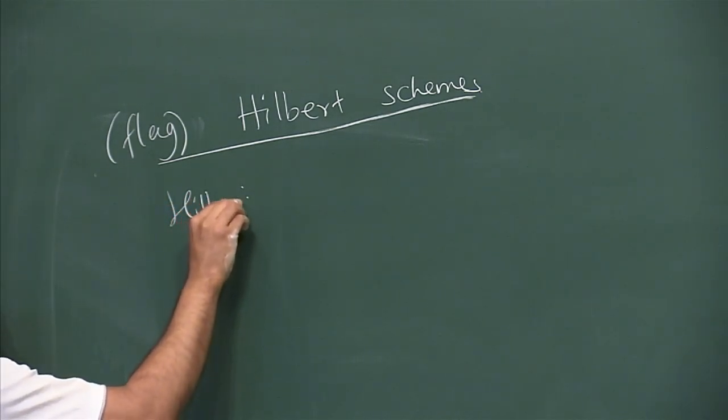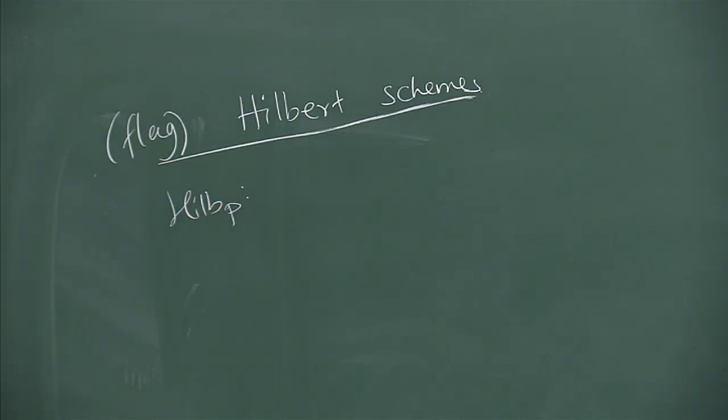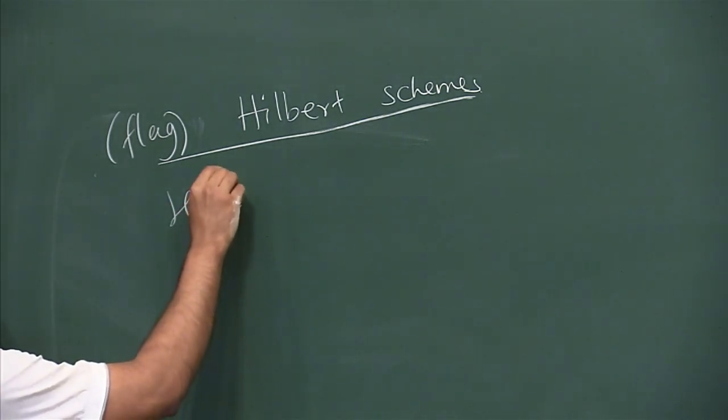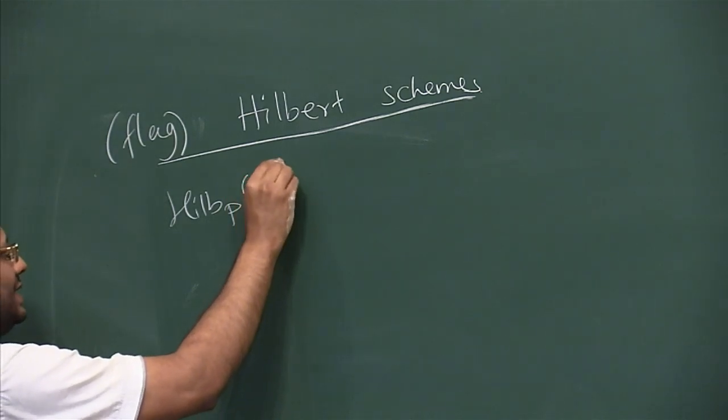So, in this case I have to fix a Hilbert polynomial, and for fixing a Hilbert polynomial I need an ambient space, which I take Pn in this case.